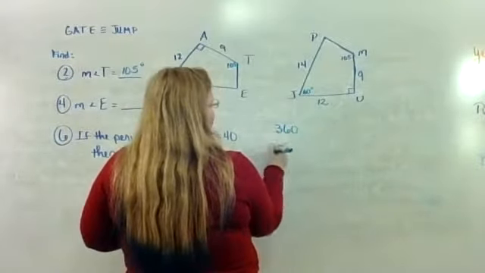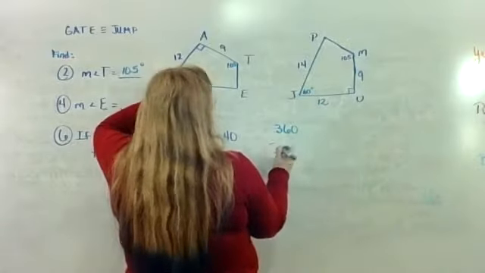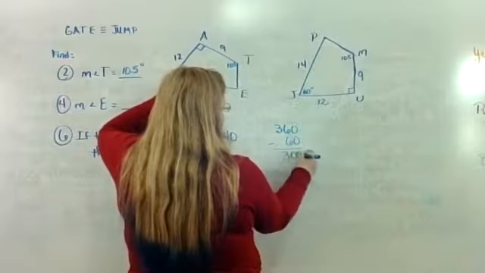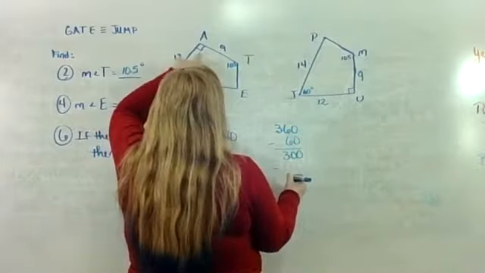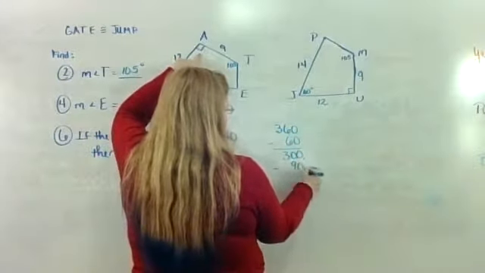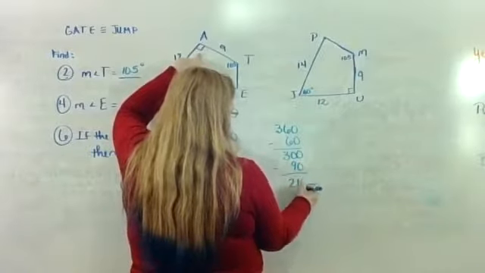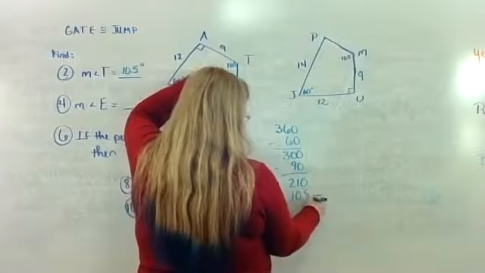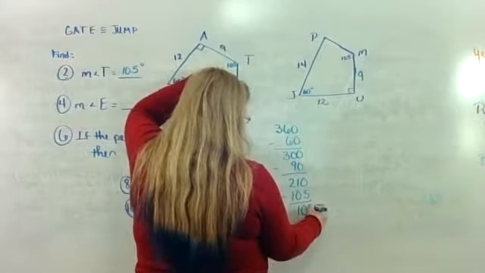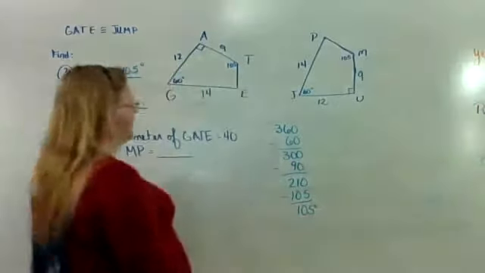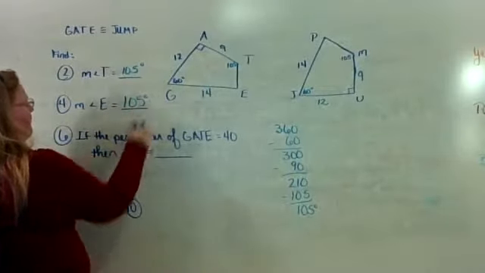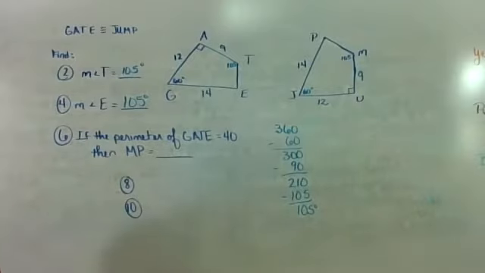So I can say 360 minus my 60 degrees gives me 300, minus my 90 degrees gives me 210, minus my 105 leaves me with 105 degrees for the other angle. I like it.